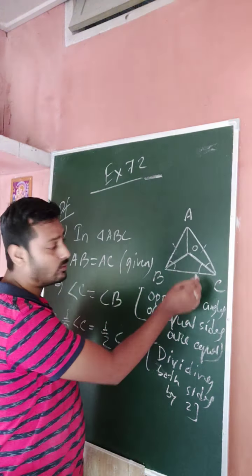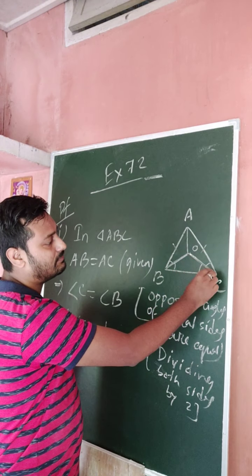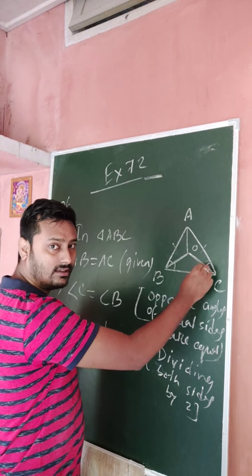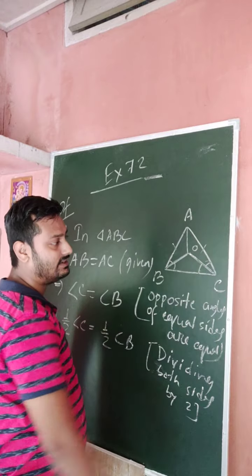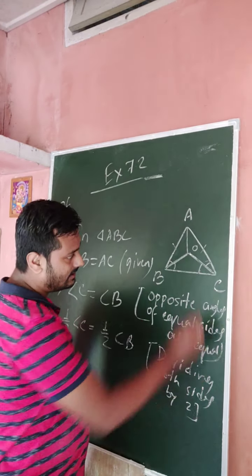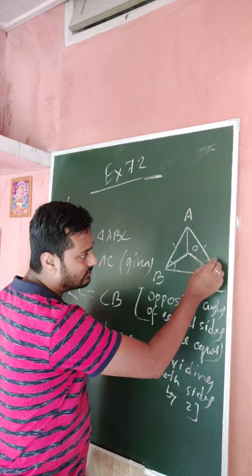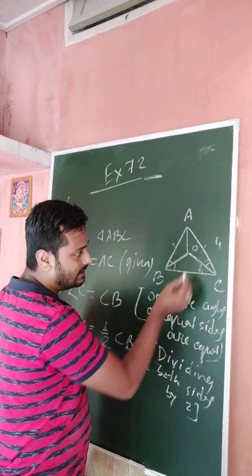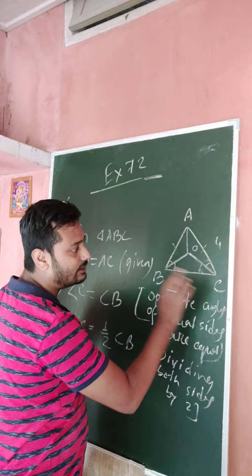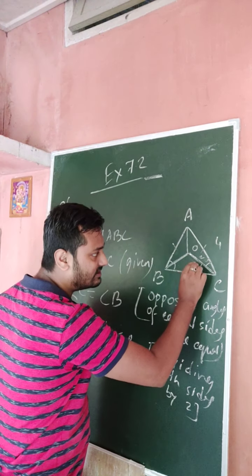Already it is given that OC bisects angle C and OB bisects angle B. If OC bisects this whole angle, suppose you take the whole angle as 4, then OC bisects the angle C into equal parts. That means this part is 2, this part is 2.